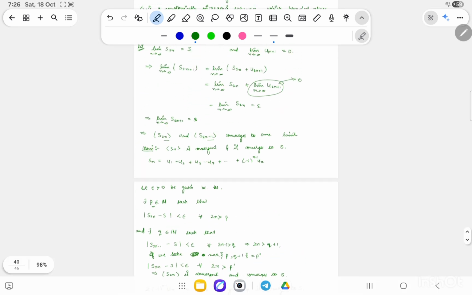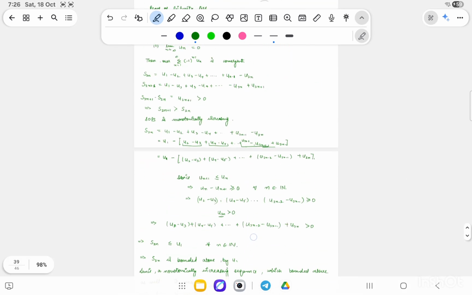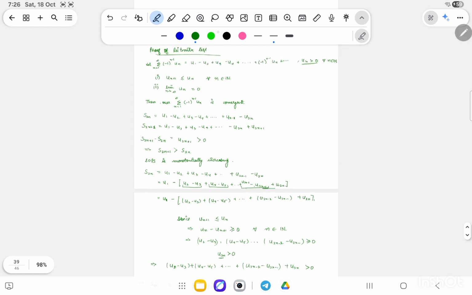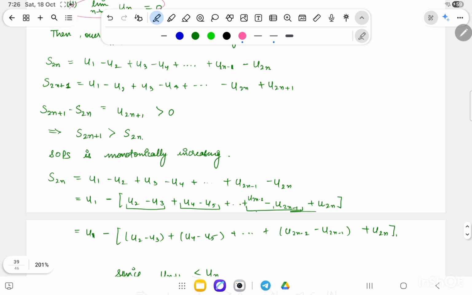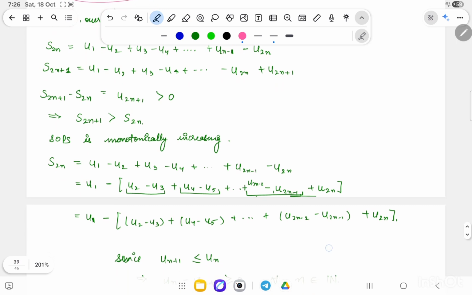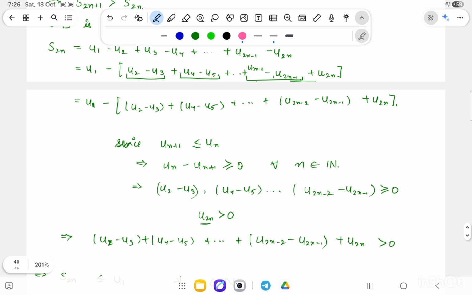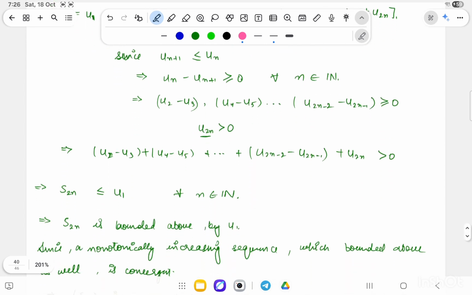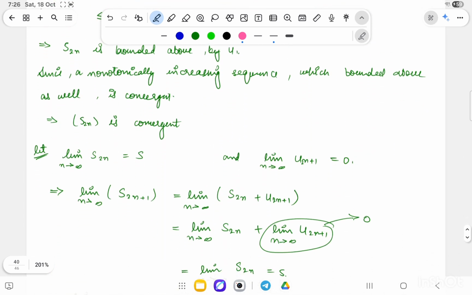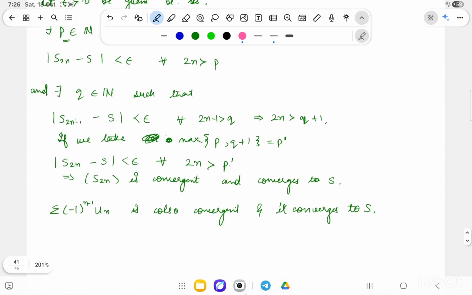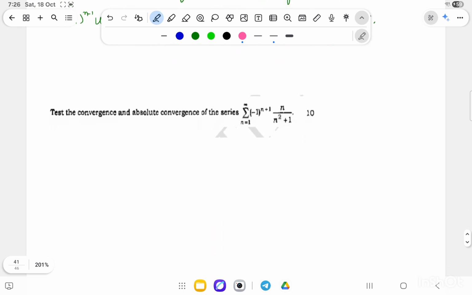What we have done is we used the given conditions, the decreasing term condition and the limit condition, and shown that the sequences of partial sums, whether of odd terms or even terms, converge to the same limit. Based on that we concluded that our series is also convergent and converges to S. Now let's move on to the next question.